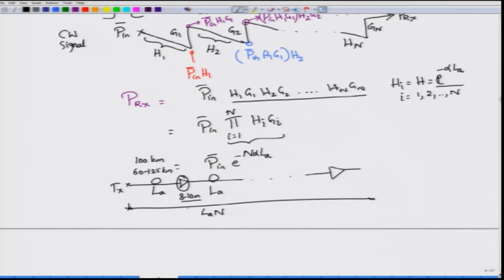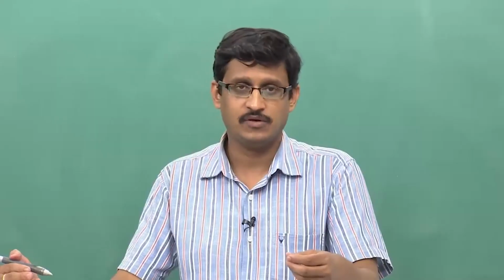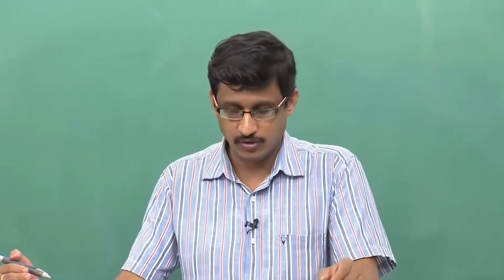Then realize that the distance from the transmitter to the second amplifier is about LA into 2, and after n amplifications the distance would be LA into n. Let us call this factor the total length. So the factor e to the power minus n alpha LA tells you the total fiber length. This fiber length is different from the amplifier length of an erbium doped fiber or a semiconductor optical amplifier if you were to use that one.